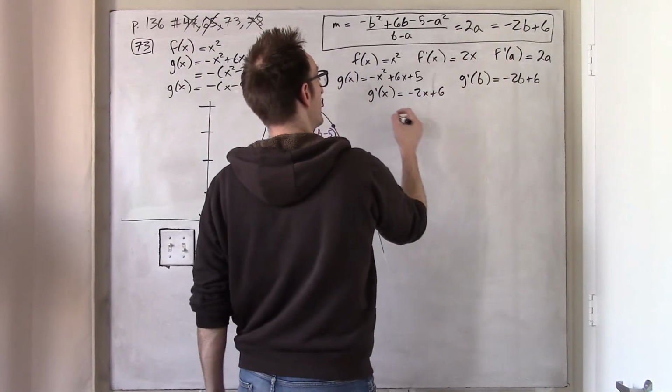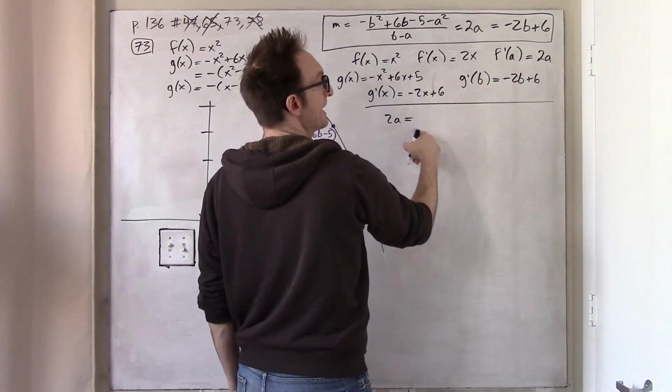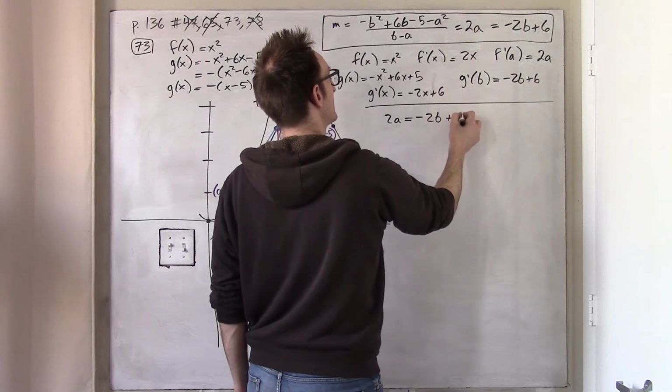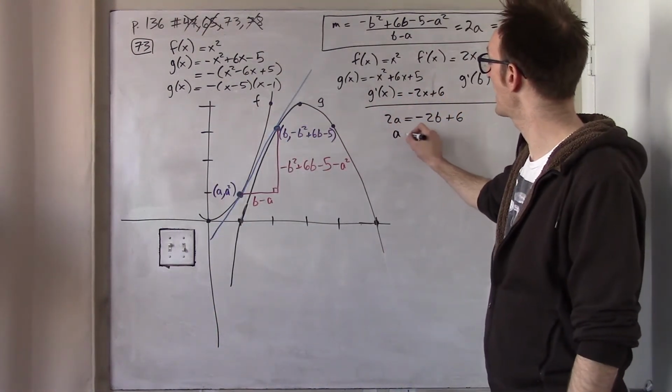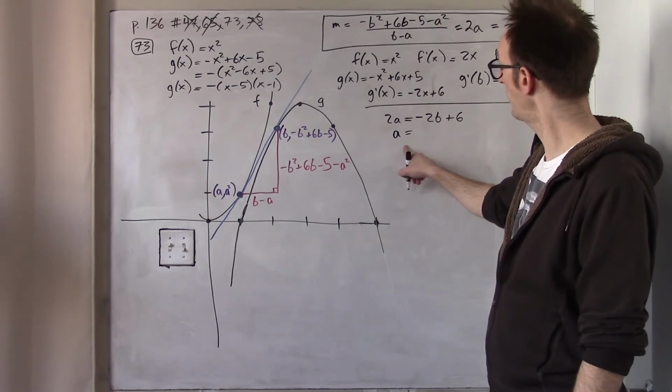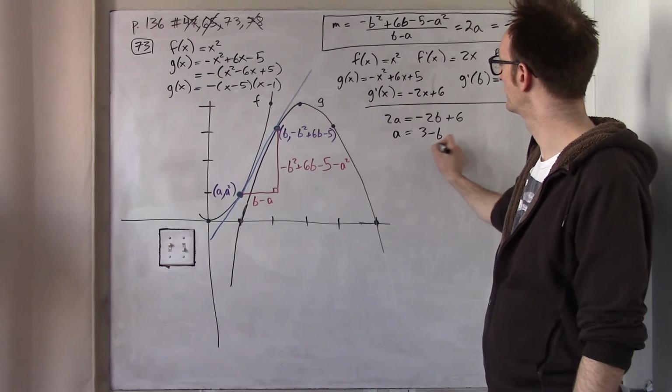What do I know? Well, I'll now start to solve this. So if I know that 2a is negative 2b plus 6, then the easiest thing to do is just solve for a. By dividing both sides by 2, a is just 3 minus b.